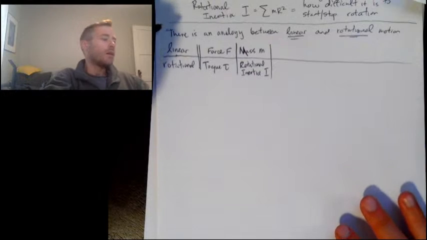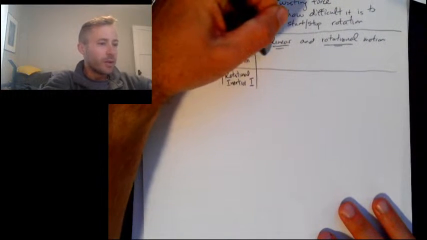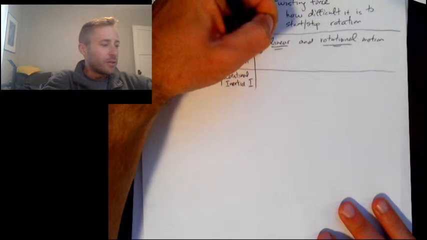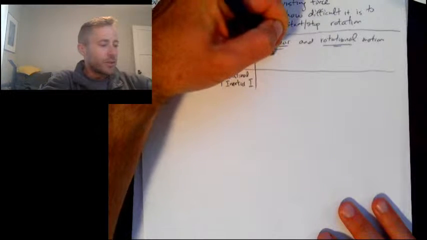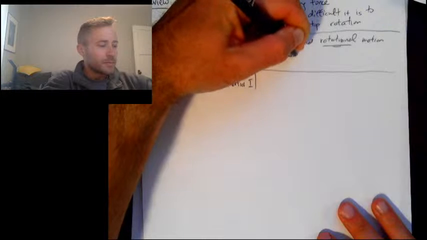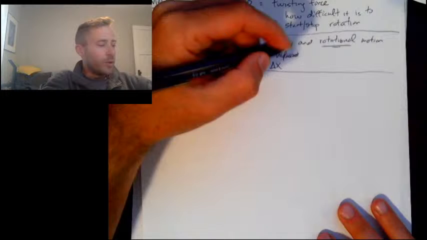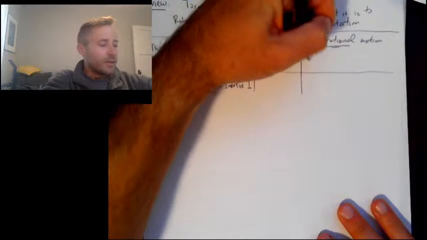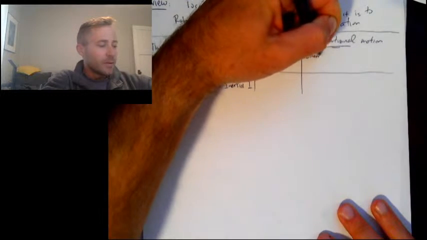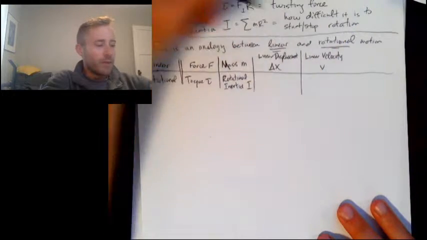We learned some other quantities in linear motion. We learned about the linear displacement, which is denoted by delta x. We learned about the linear velocity, which is denoted by v.